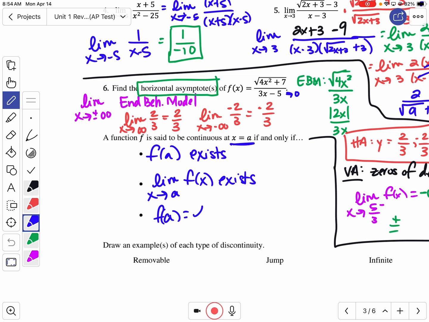F of A equals the limit as x approaches A of f of x. Okay, so the limit has to exist from both sides. The function has to have a value, and the limit and that function value have to match. That's the 3-part definition for continuity. And if you're asked to prove that continuity exists, that's what you got to do.